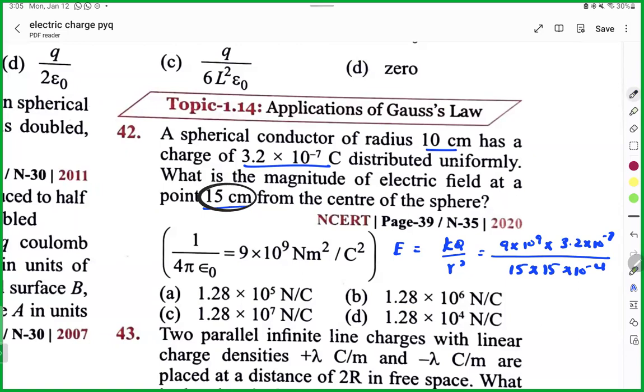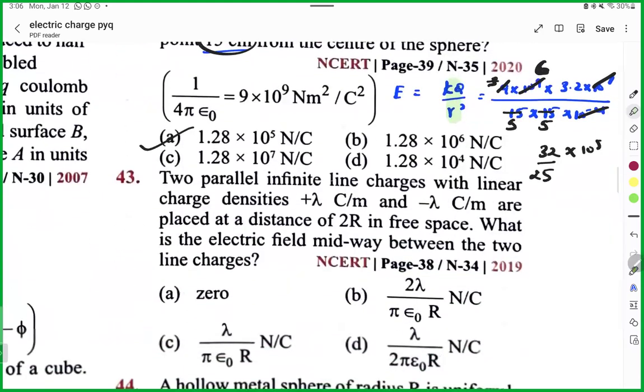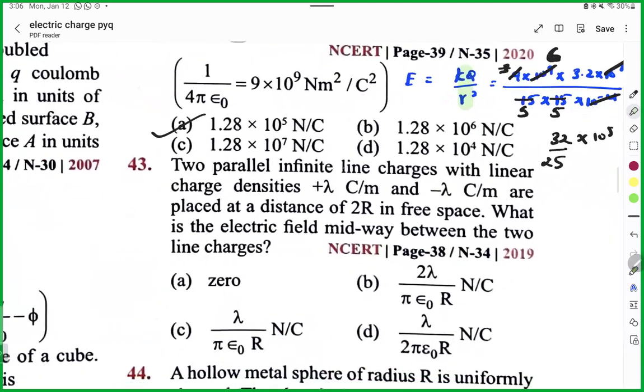It is given in centimeter, so you can calculate further. Minus 7 plus 9, remaining 2. Minus 4 will go up and become plus 6. Then 32 into 10 raised to power plus 5 divided by 25, what will be the answer? Any doubt, Sarah? Direct formula KQ by R square. Yes, sir. No doubt.